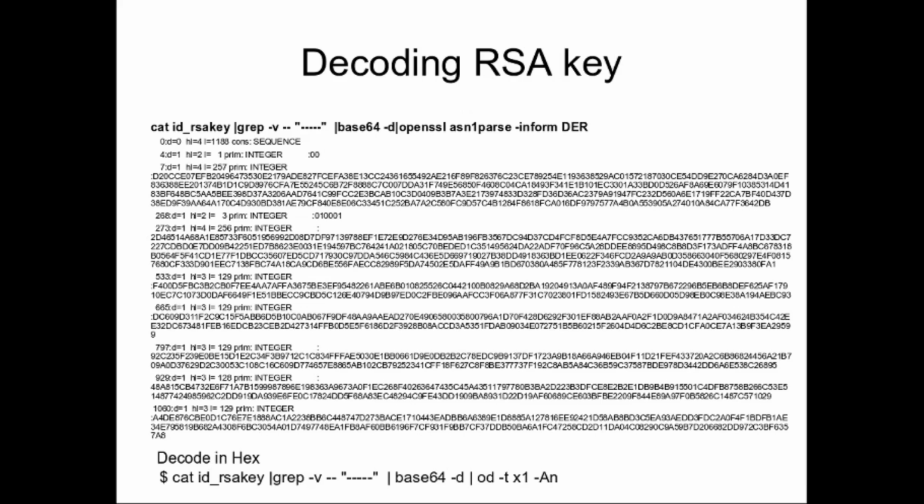Then you use OpenSSL ASN.1 parsing to make it printable data in hex. This is the command, and this is the structure of the key, showing the sequence of integers and primitives which we just saw in ASN.1 format. They are coming here. That's it on this side.